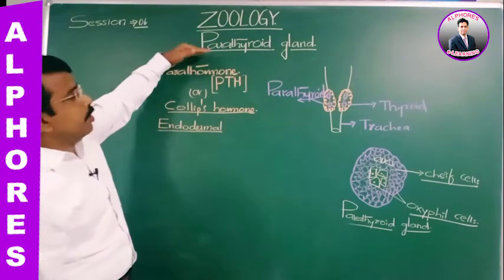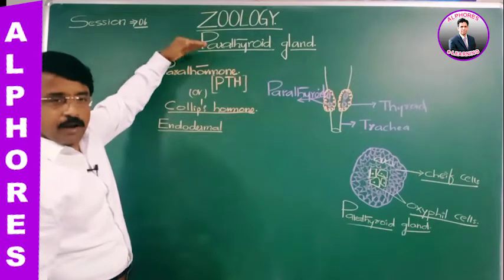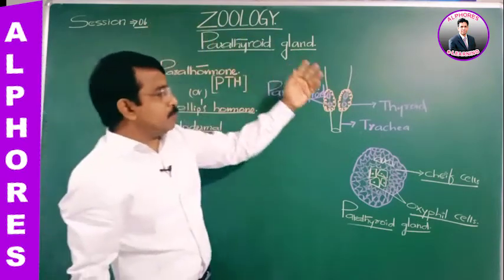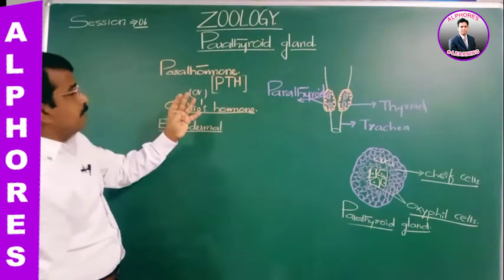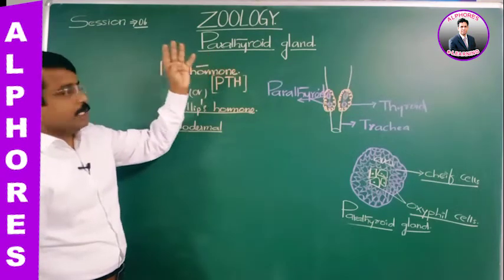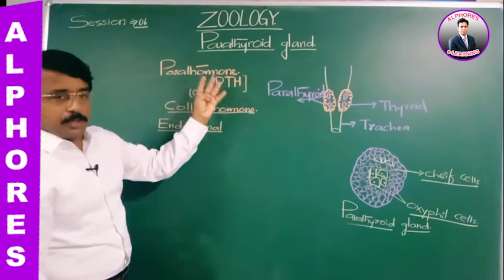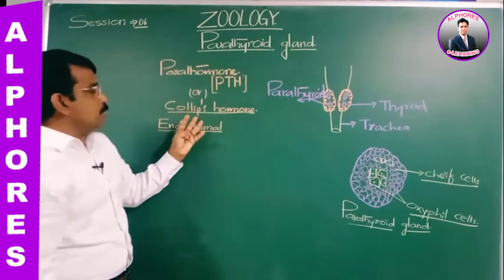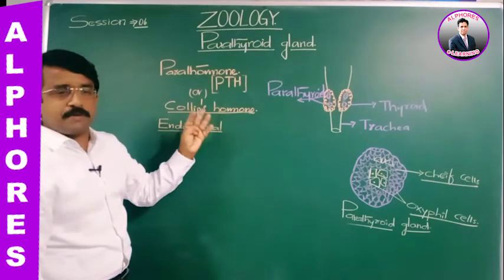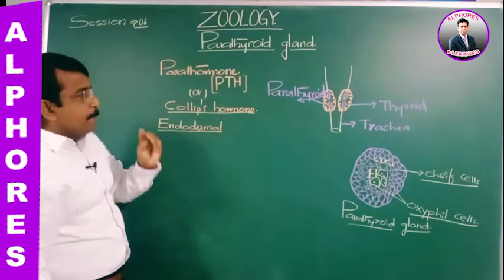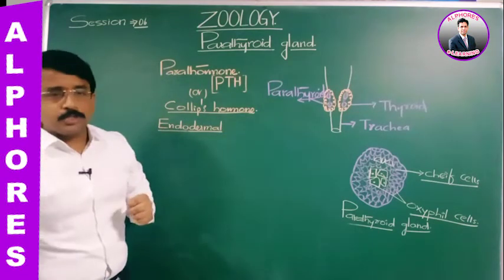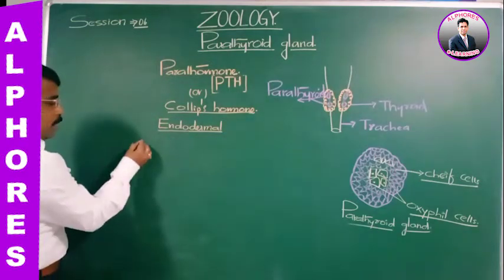So parathyroid gland is the gland situated on the back of the thyroid glands, four in number, and this secretes the parathormone, PTH. It is also named the Collip's hormone. It is the discoverer name and it is of endodermal origin.